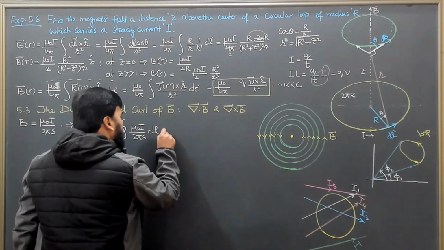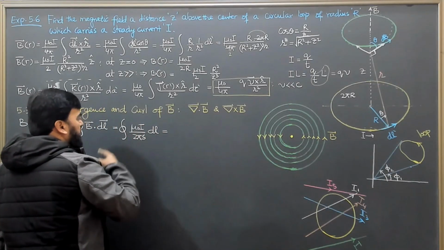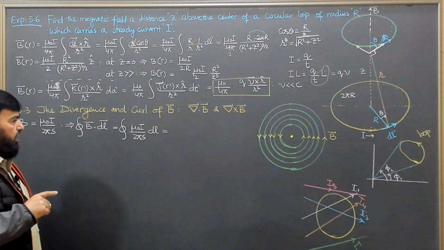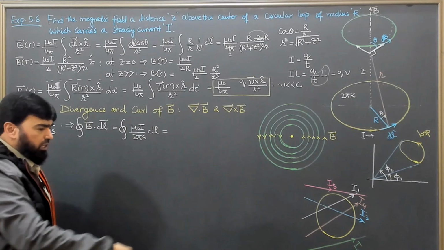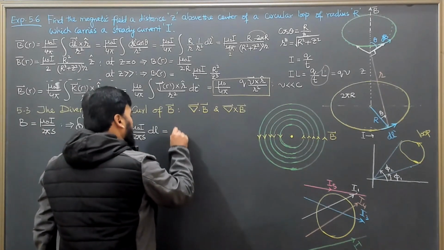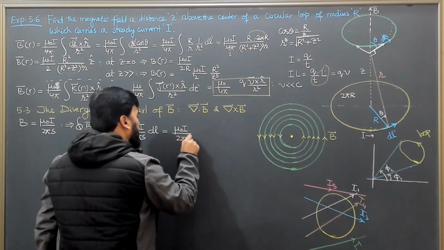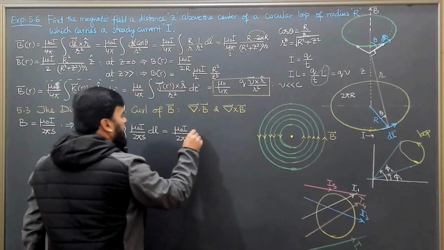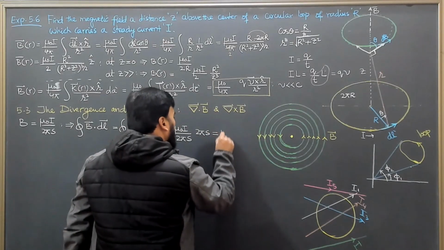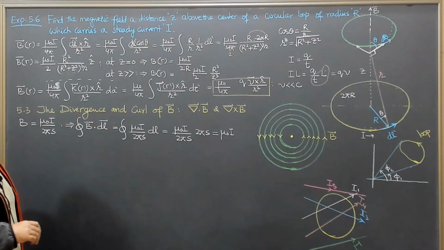Then this is equal to the closed path integral, where mu naught I over 2 pi s will come outside, and the integral of dl will give the circumference of the circle, which is 2 pi s. So we have mu naught I over 2 pi s times 2 pi s, and the integral of B dot dl comes out to be mu naught I.